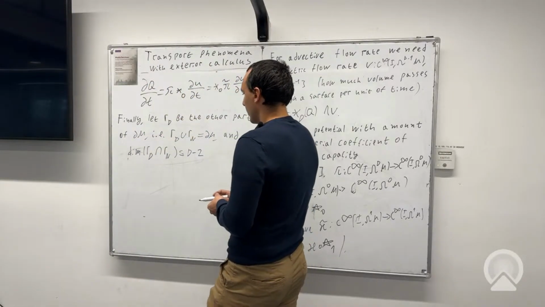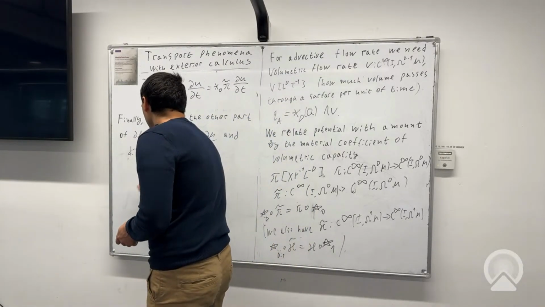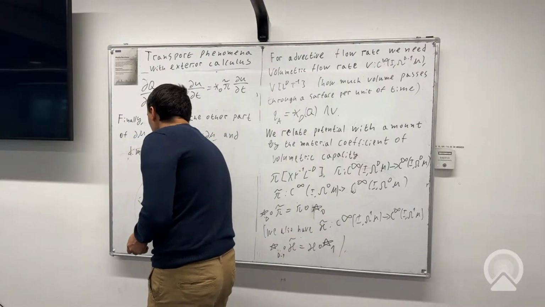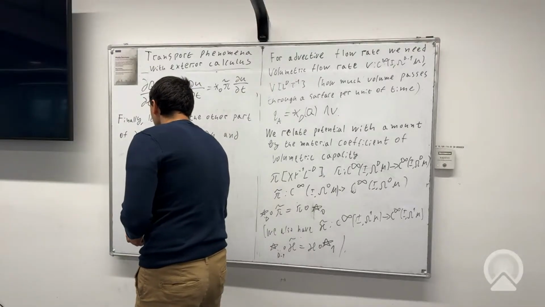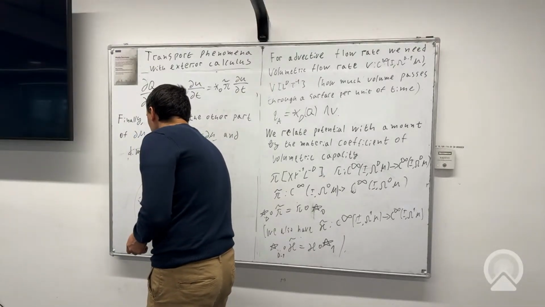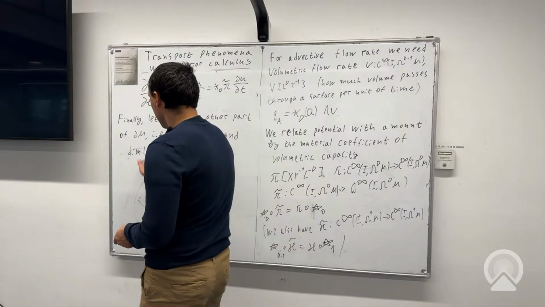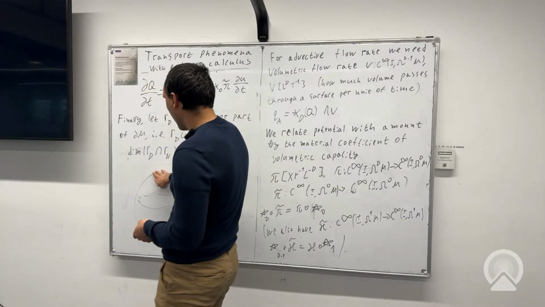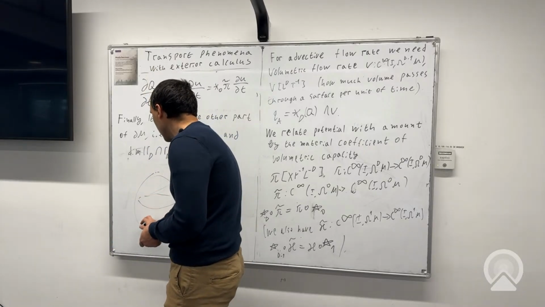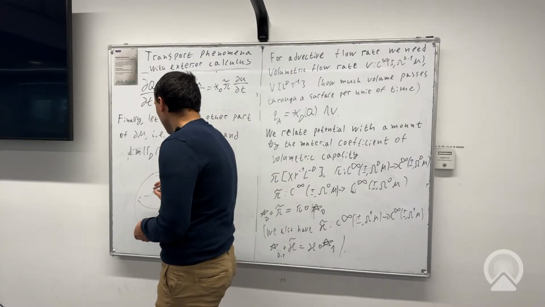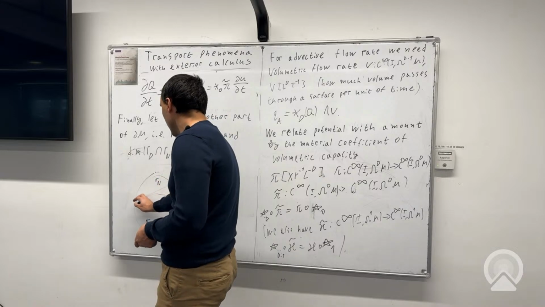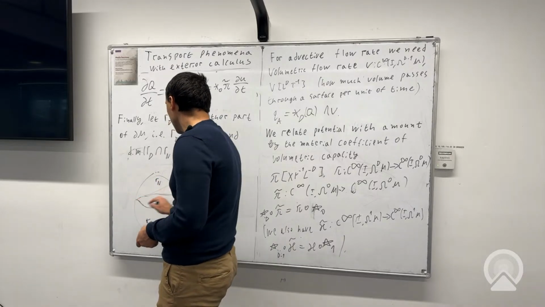So, for instance, if I have a ball and its boundary is the sphere, and I take gamma d to be the southern hemisphere and gamma n to be the northern hemisphere, their intersection will be of dimension 1.